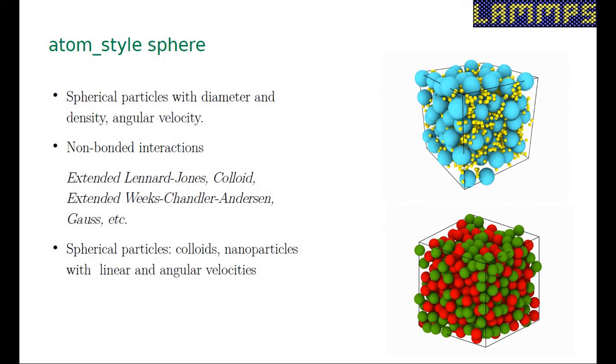For this type of particle, we use non-bonded interactions using extended Lennard-Jones, colloid, extended Weeks-Chandler-Andersen, and Gauss potentials. The atom style sphere is employed for spherical particles, such as colloids and nanoparticles, with linear and angular velocities. We can change the diameter of the spheres and the attributes of the particles.